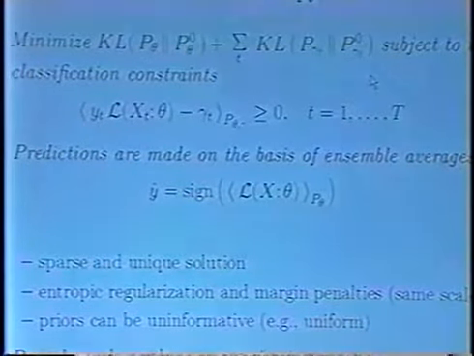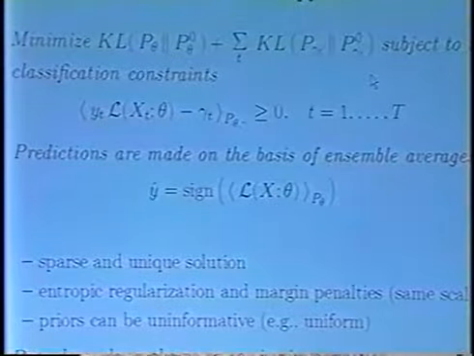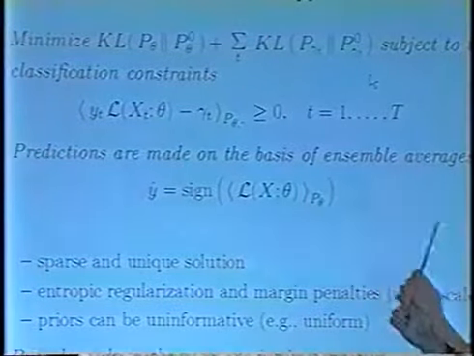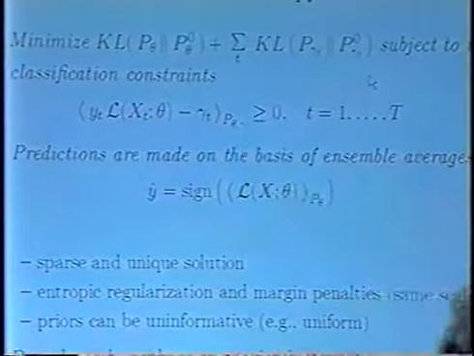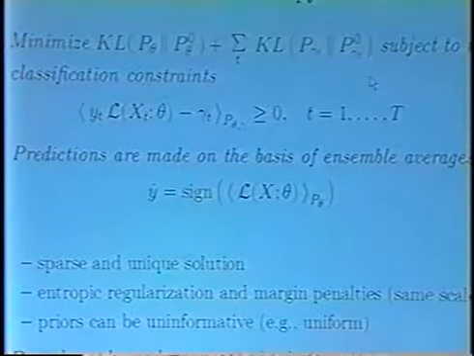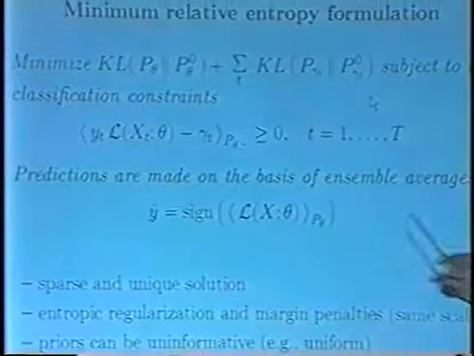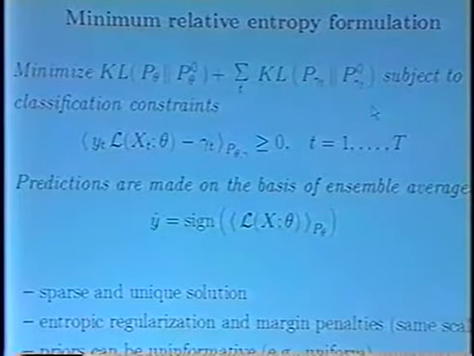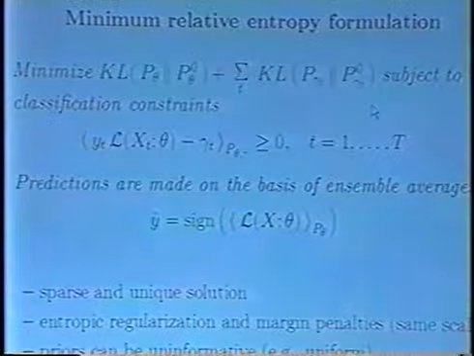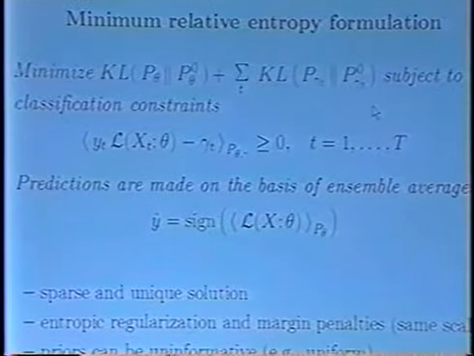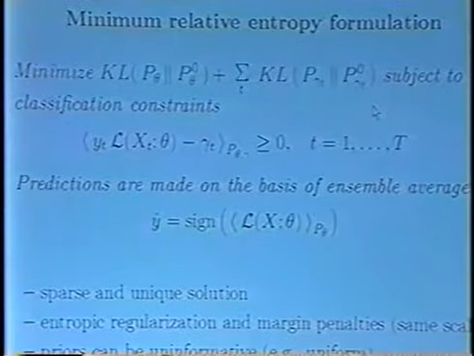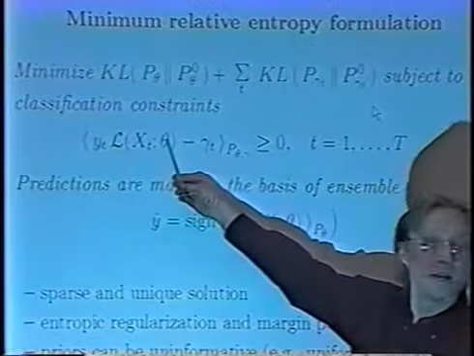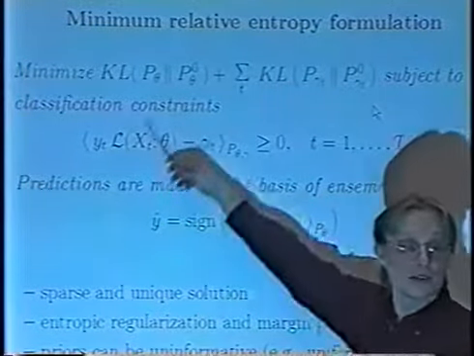Okay, so this is actually a little more general than I'm presenting it now for clarity, but you can assign a distribution over the margin as well. So you don't know what is the value of the margin that you can retain for any particular example. So you have some uncertainty about that as well.